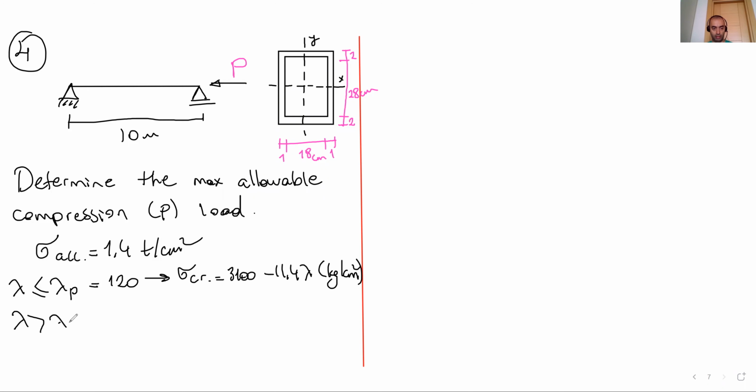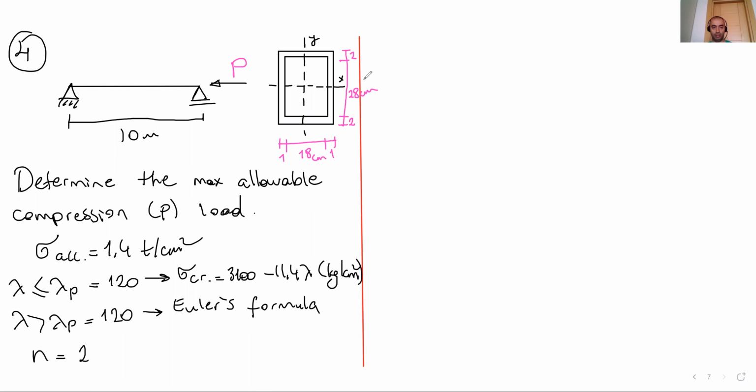Lambda is greater than lambda P equals 120, Euler's formula is used. The N here for this question, which is factor of safety, is 2. For this question, okay, this is the question.